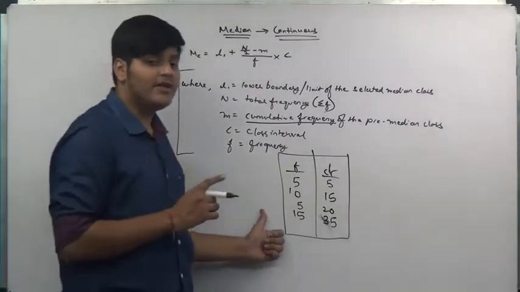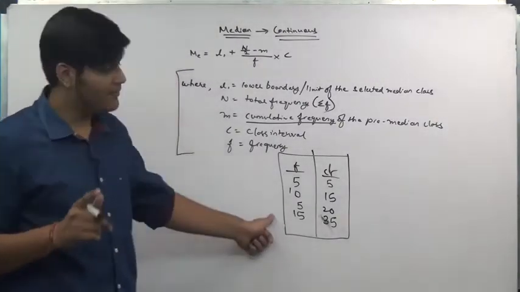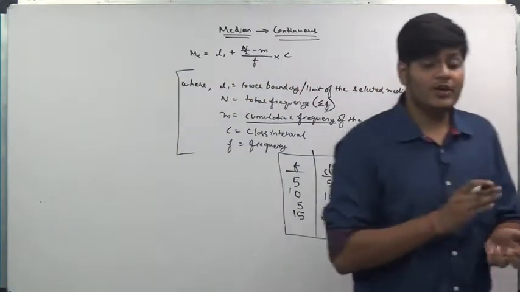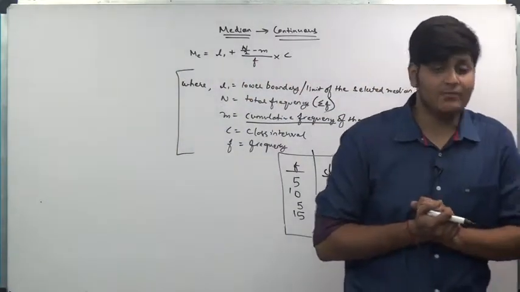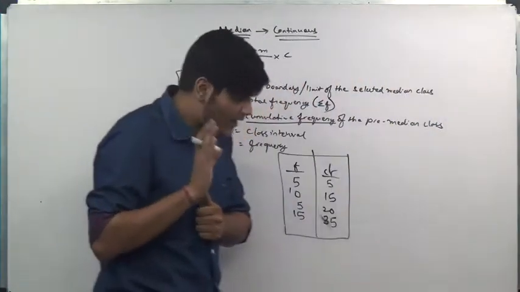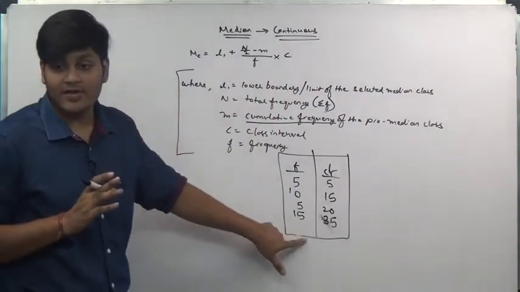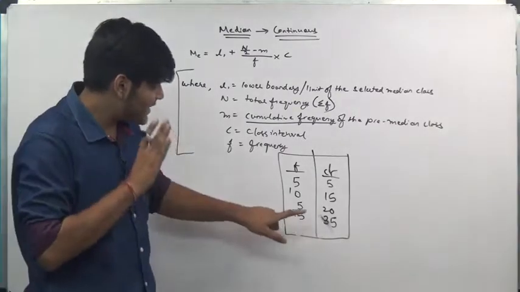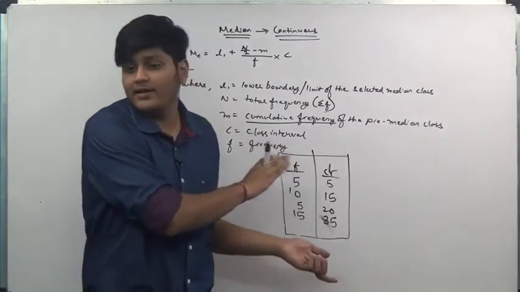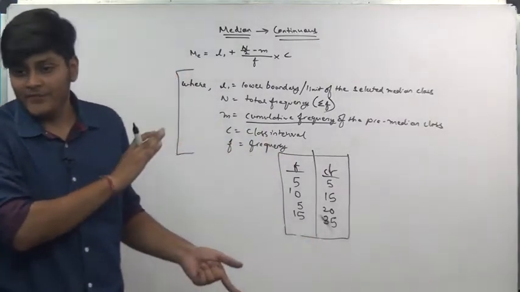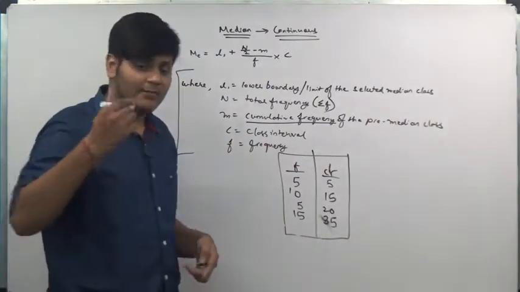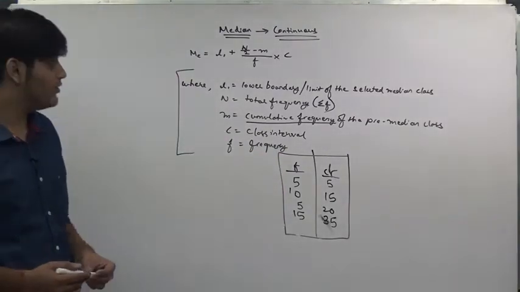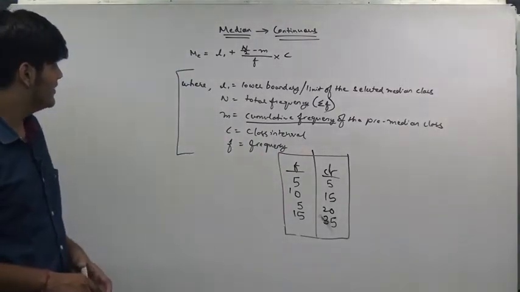There is another video, I'll put the link in the description below, about where, how and how to solve the cumulative frequency sums, the less than and more than type sums. But right now I'll be concentrating on these two types, the frequency and the cumulative frequency. That's it. This much only you need to know right now for doing median. Okay, for more than and less than, I would recommend you watch that video. For this, you just need to know how to calculate cumulative frequency.